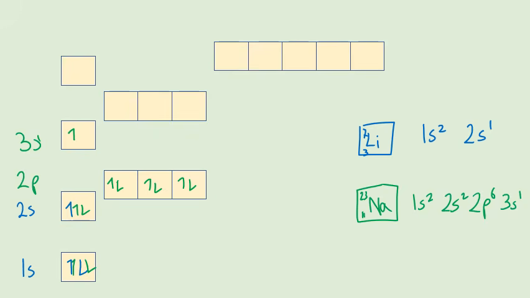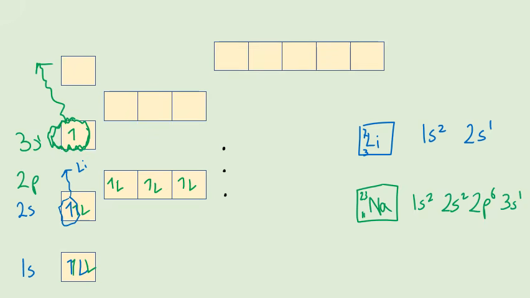Okay, so if we are going to try and make a prediction of the ionization energy, what we're really doing is we're seeing which electron could be most easily removed, either this one in sodium or this one in lithium.